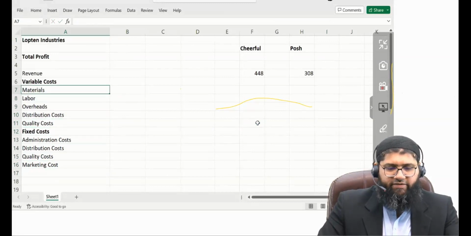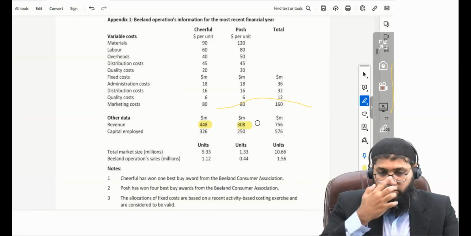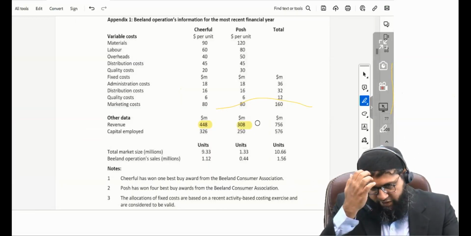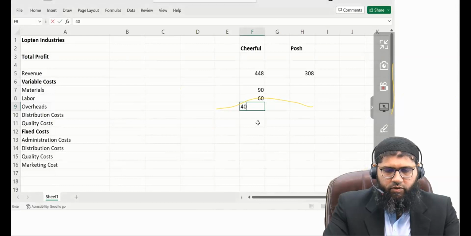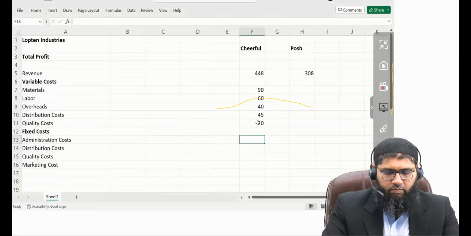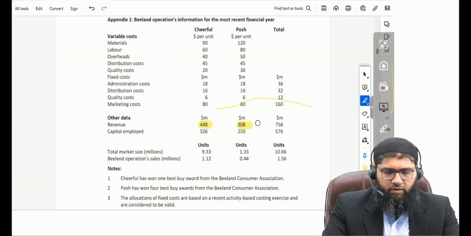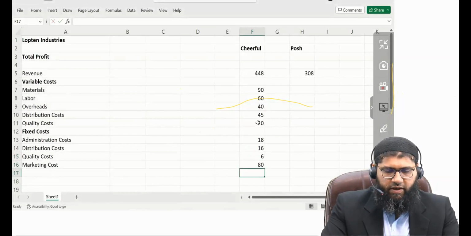Now what next? So this is all the cost per unit: 90, 60, 40, 45, 20, 18, 16, 6, and 80.